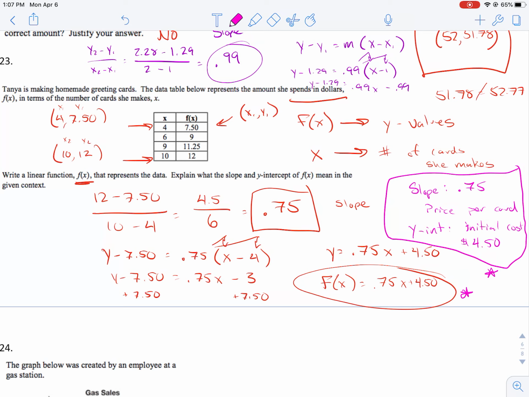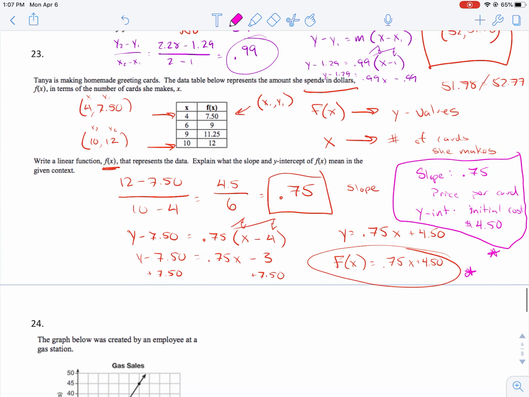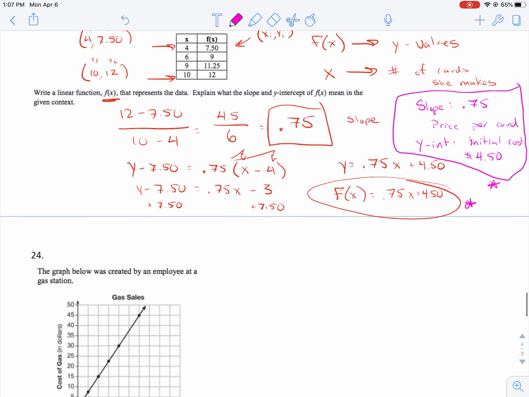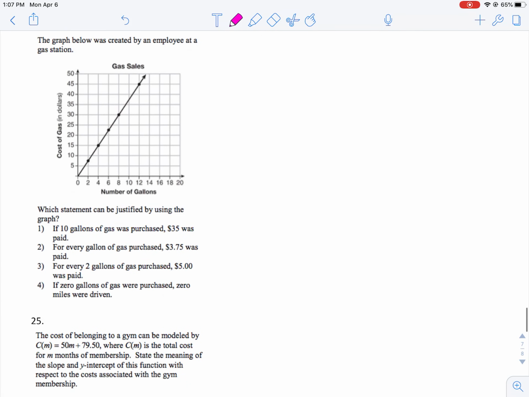So those are our answers, and I think we answered everything. Explain what the slope and y-intercept of f of x mean. The slope is price per card, the y-intercept is initial cost, and here is our equation. So we're good.